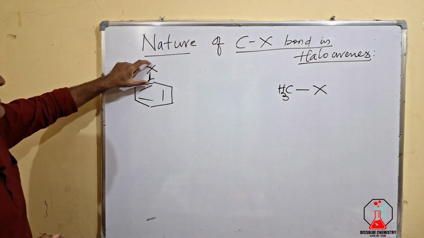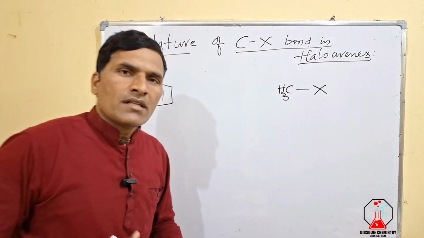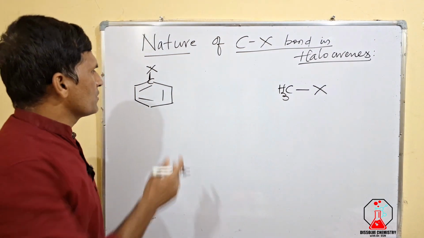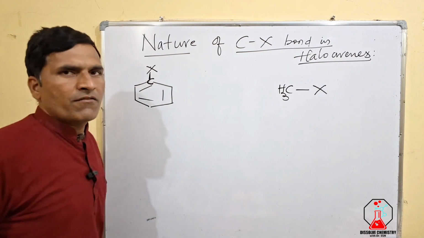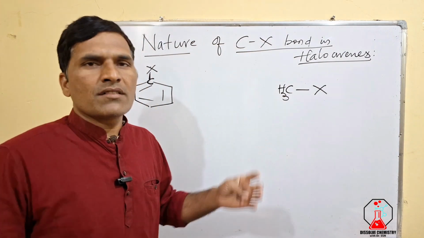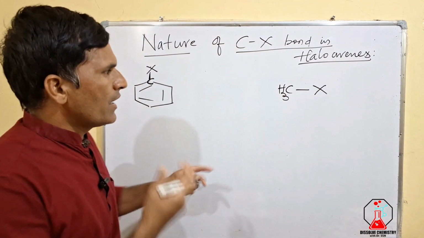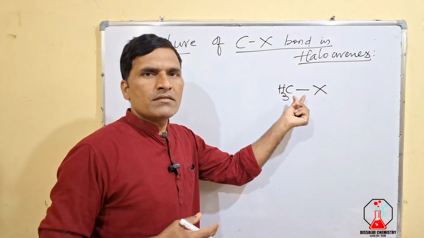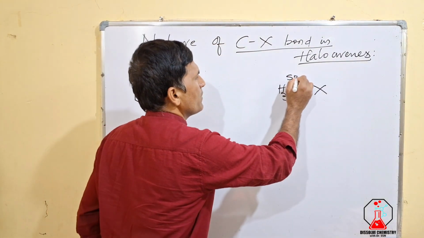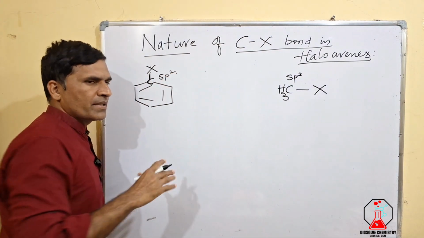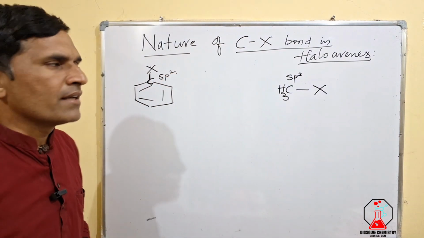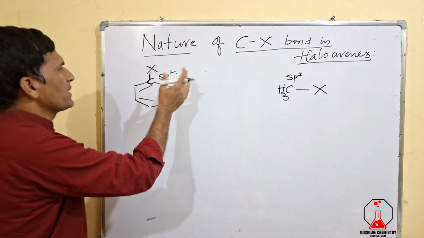In both cases there is a C-X bond, but there is a lot of difference in the substrate. Here the carbon is part of a benzene ring, and we know the nature of the benzene ring. Here the carbon is a free carbon, an sp3 hybrid carbon, whereas here it is an sp2 hybrid carbon. This makes a lot of difference. At the first site, it is going to make the difference.